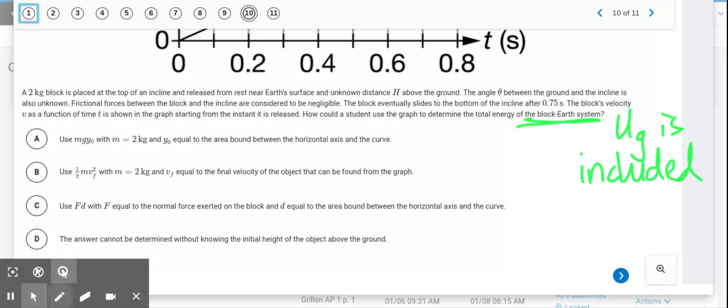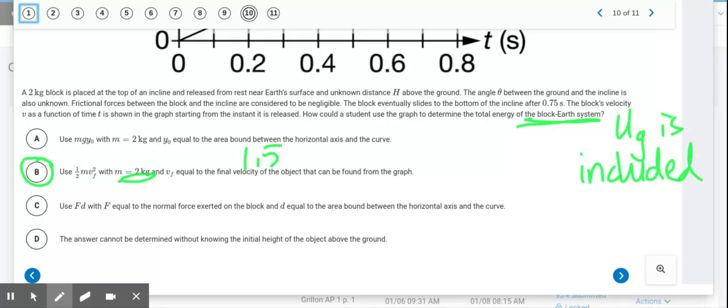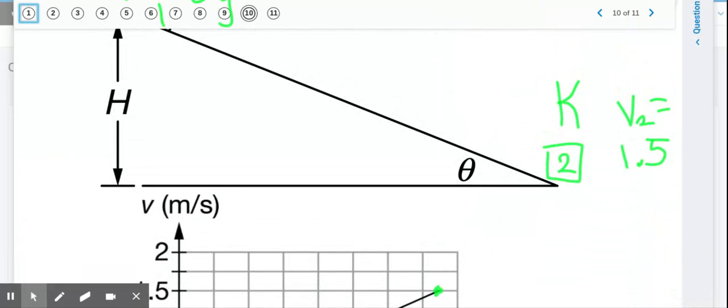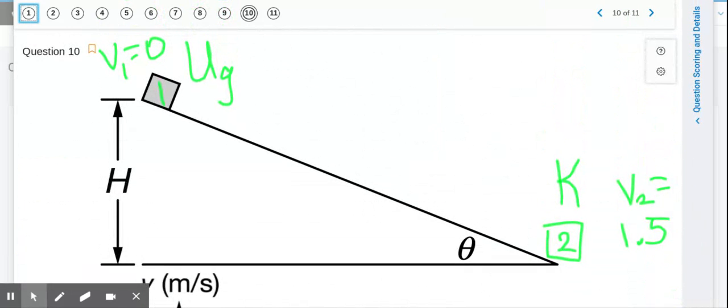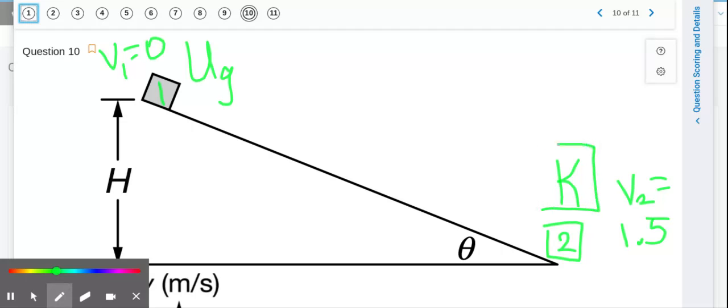All right, so B. We're going to use 1/2 mv squared final with m equals 2 and the final velocity 1.5. And that's going to be our total energy. And if you're wondering why, it's because it's all kinetic energy down there at the bottom. Okay, great.